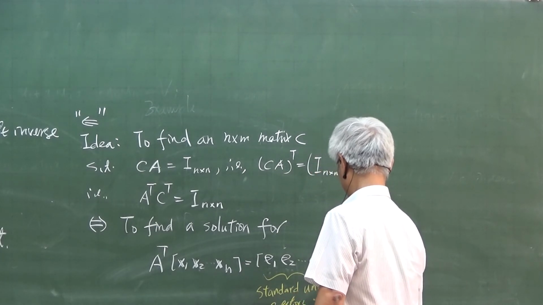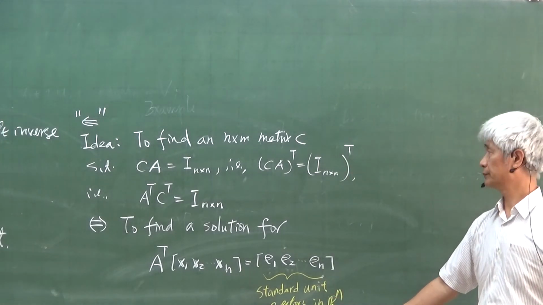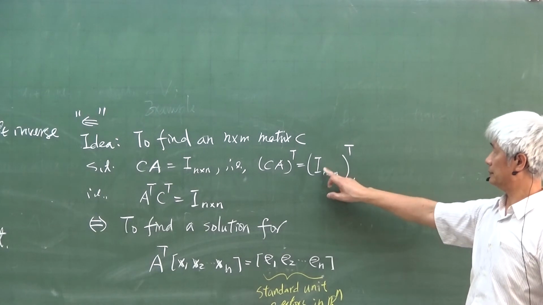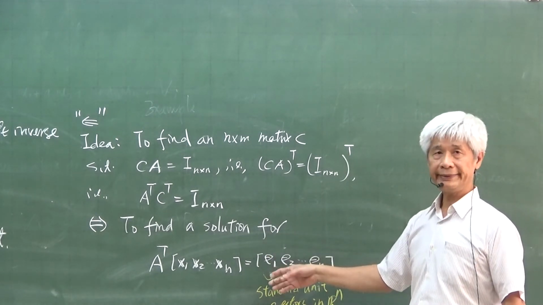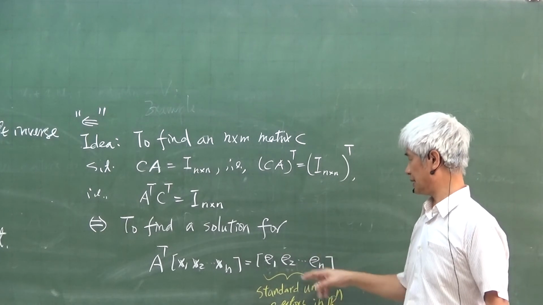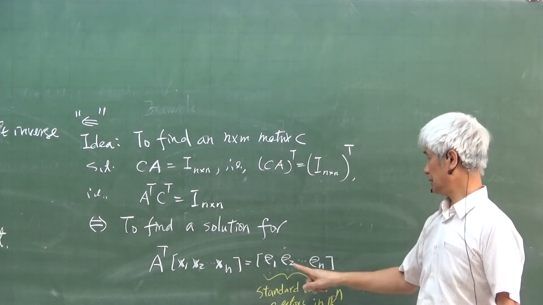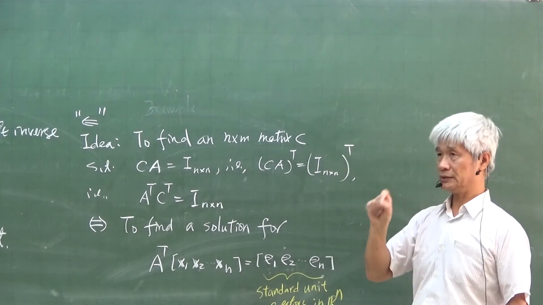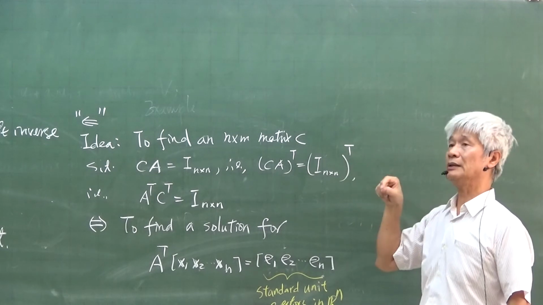They are n of them, because the identity matrix has n columns, and these n columns are just the standard unit vectors. For example, e1 is 1, 0, 0, 0, 0; e2 is 0, 1, 0, 0, 0; and en is 0, 0, 0, 0, and the last entry is 1.